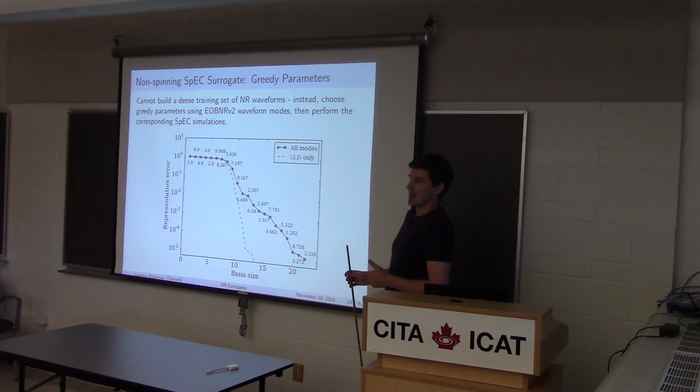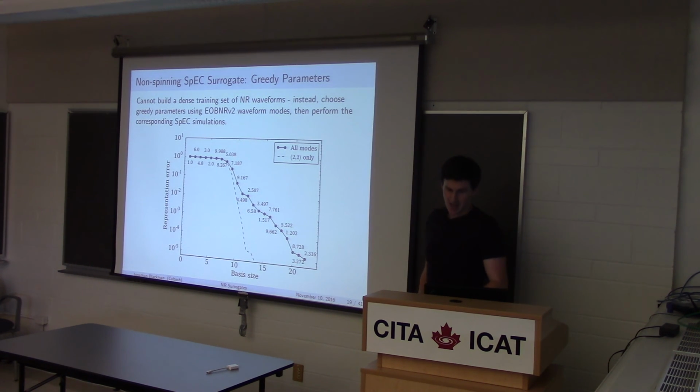So in the end, our set of mass ratios won't be optimal, but it will be close to optimal. All we need to do is include a few extra mass ratios that maybe we wouldn't need to otherwise use, and we'll have an accurate enough basis.